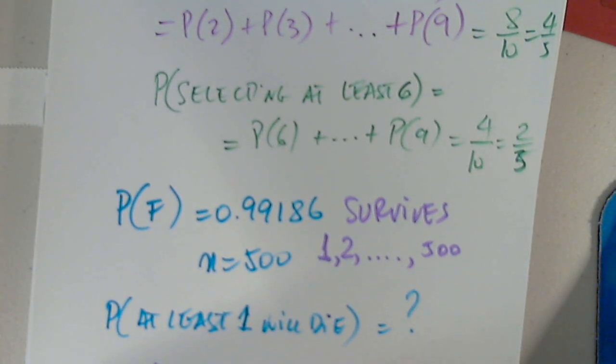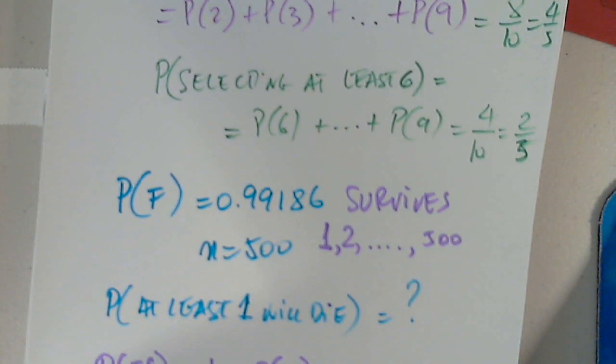So 1 minus 0.99186 will be 0.00814. So 1 minus 0.99186.